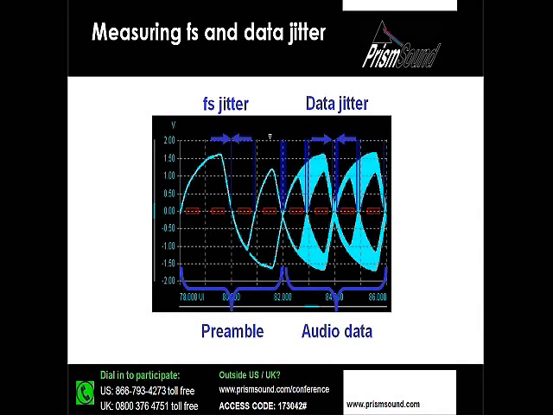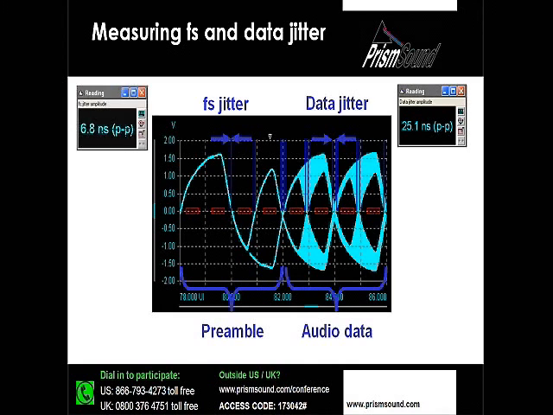But again, another powerful tool that we've got in the D-scope allows us to actually make that measurement and present it to you in scalar numbers. So this particular reading here is measuring the data jitter, which is, I'm going to round things here, 25 nanoseconds. And then the FS jitter over here is at 7 nanoseconds.